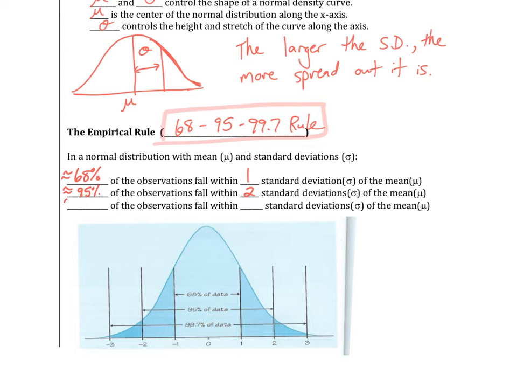Okay, and then about 99.7% of observations fall within 3 standard deviations of the mean. This is the empirical rule.